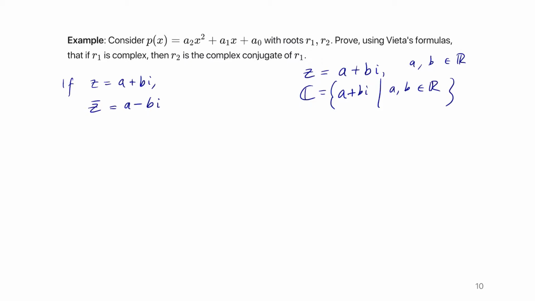So I'll give you a couple minutes to work through this, but what I'll tell you is assume r1 is a plus bi, and also assume r2 is c plus di. Show using Vieta's formulas that a has to be equal to c and b has to be equal to negative d.